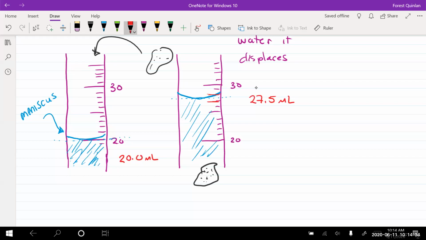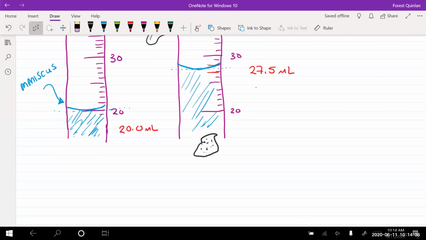Is everyone okay with what just happened there? I love silence. That means yes. Cool. So then my question is, what's the volume of my potato? 7.5 milliliters. Absolutely.